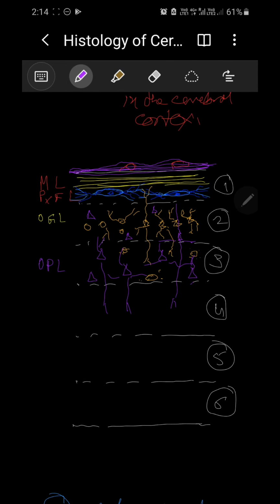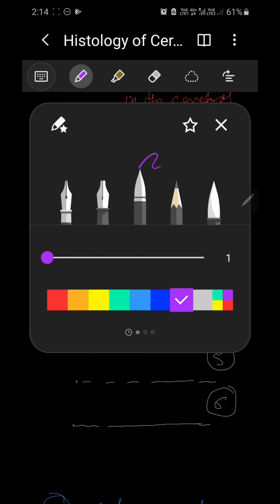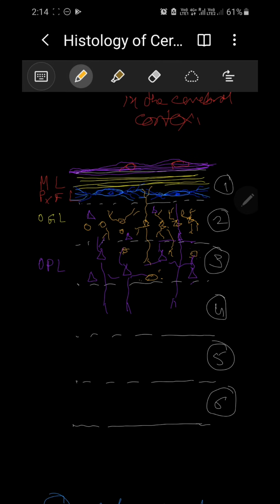Then now another important layer, and we're using the same color, so you have this idea. Now there is this inner granular layer. Now inner granular layer, you will have again the granulocytes or the stellate cells.